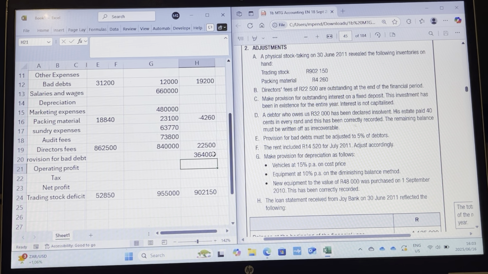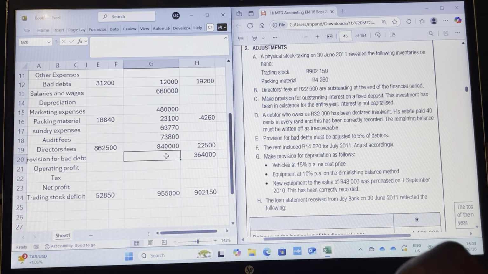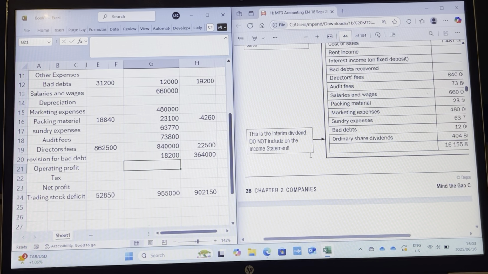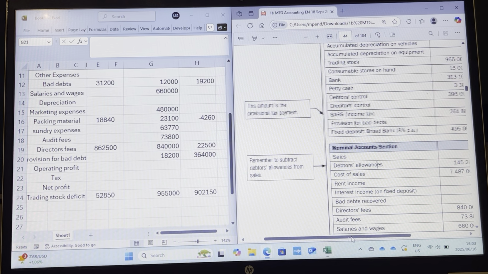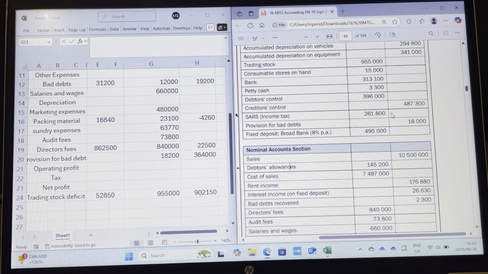So our debtors control is now 364,000. But then now, what is 5% of that? We need 5% of our debtors now. And that gives us 18,200. And previously our provision was just 18,000. What does that mean? It has been increased.